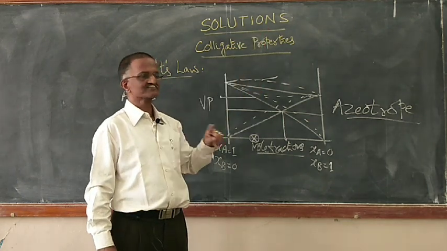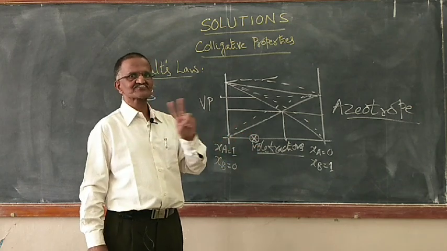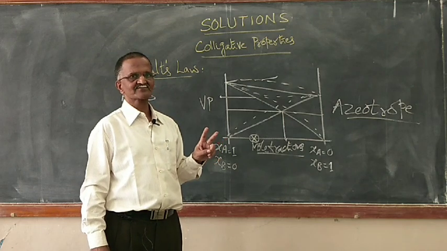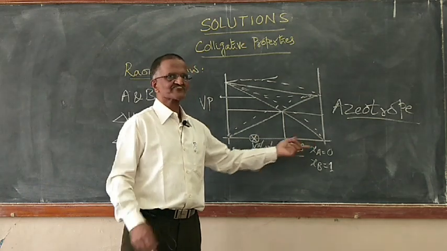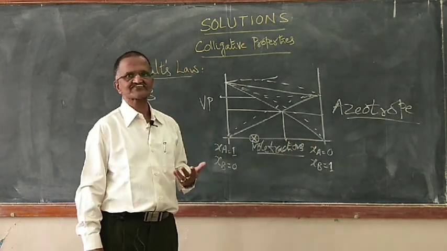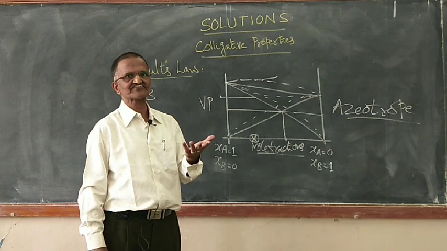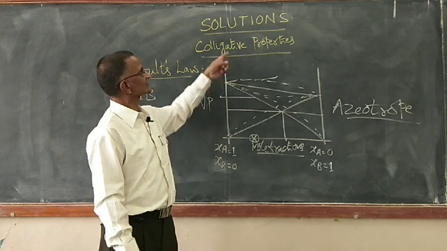So for a solution, there is no fixed composition of A and B. For example, when you have a binary solution and I don't know how much of A and how much of B is present, I can't tell what its boiling point is. So if the boiling point is not constant, then that is the colligative property.